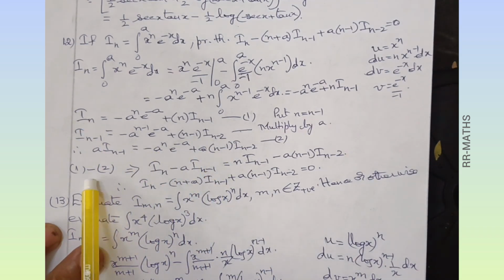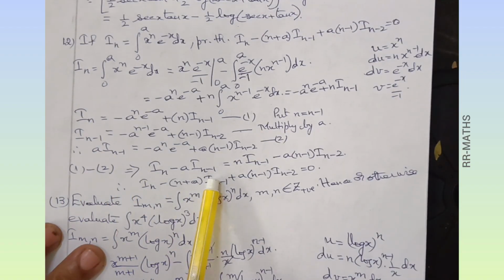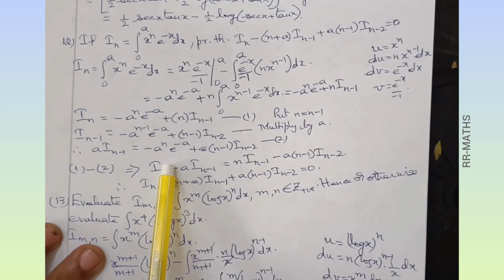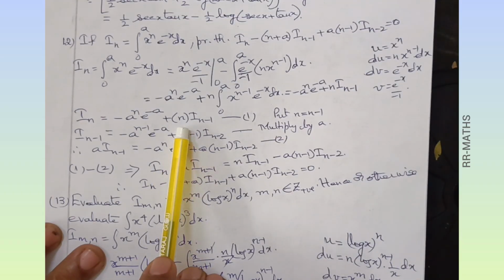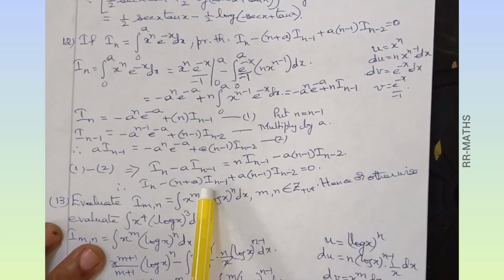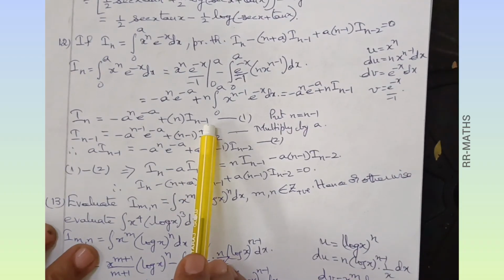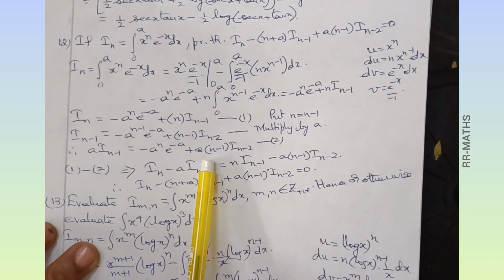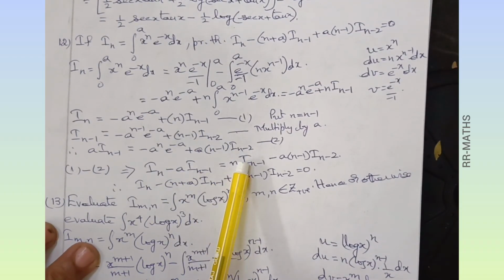So now you just subtract the first and the second equation. You get I n minus a times I n minus 1. These two terms get cancelled, and here you get plus n into I n minus 1 minus of a times n minus 1 into I n minus 2.